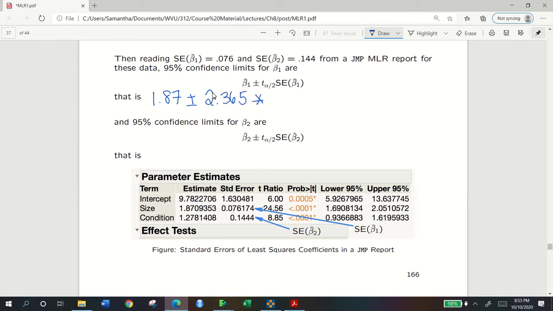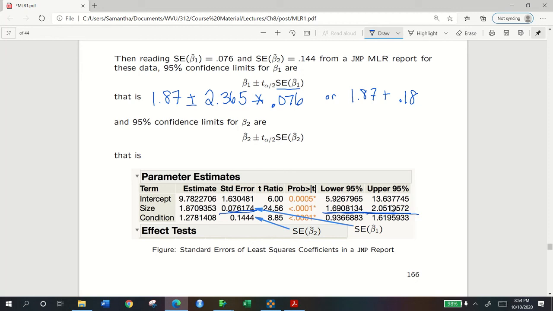And we can multiply this by our standard error of beta 1 hat, which we can see is about 0.076, which we could simplify to 1.87 plus or minus 0.18, which then would simplify to 1.69 to 2.05.